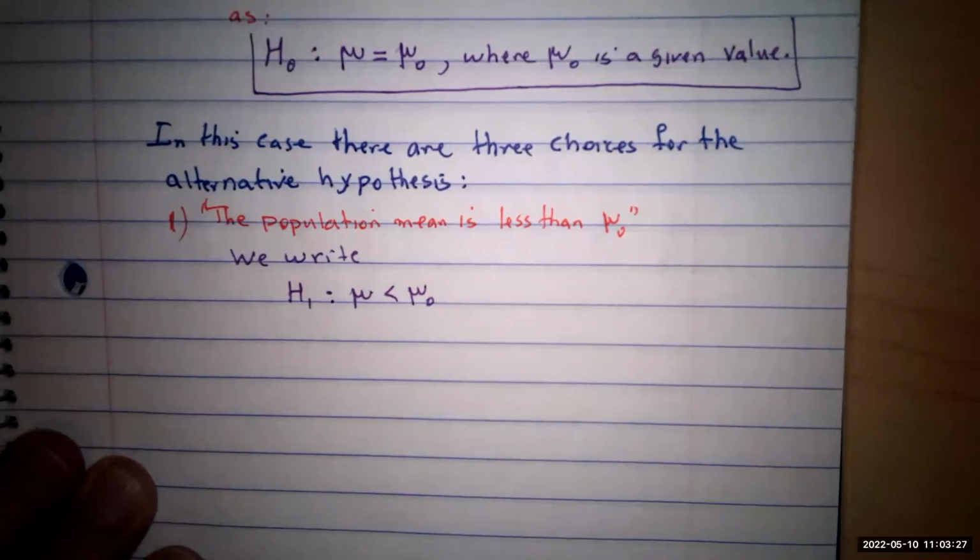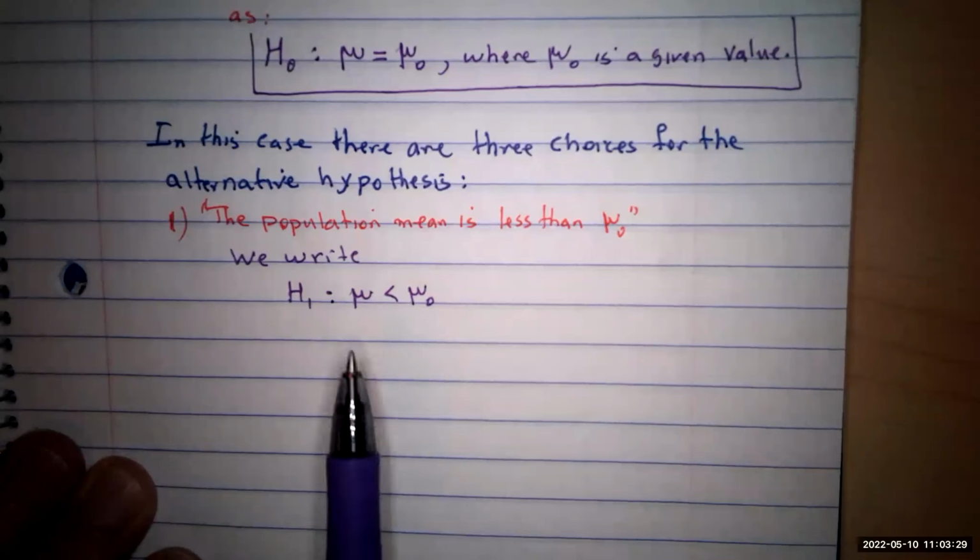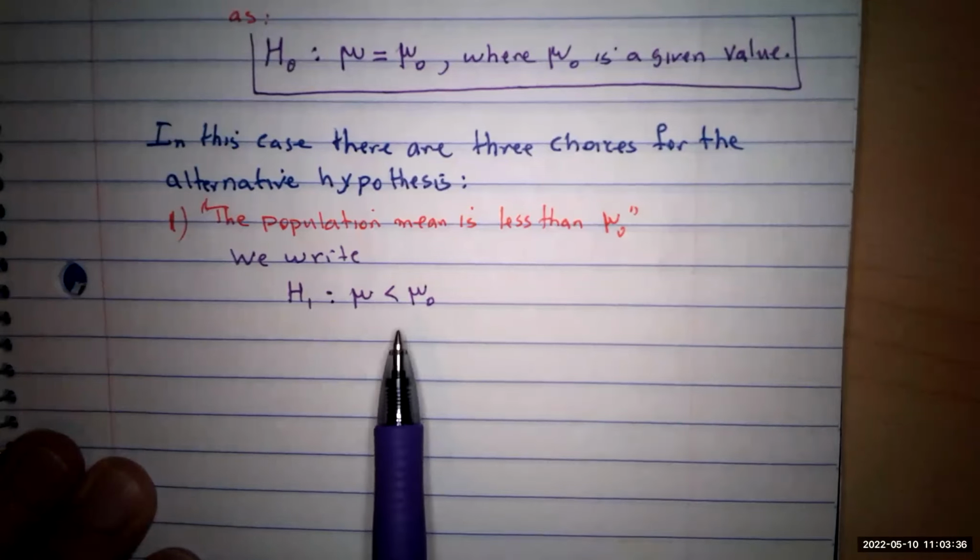Remember, we changed it to the z, and eventually that would relate us to finding the area to the left of the z numbers, because it's less than.